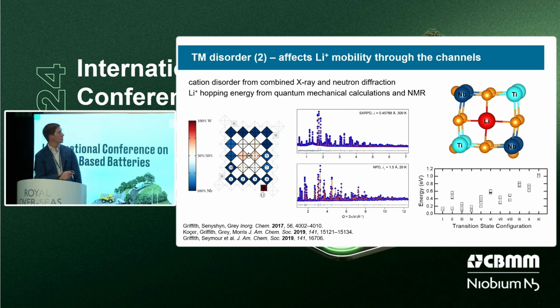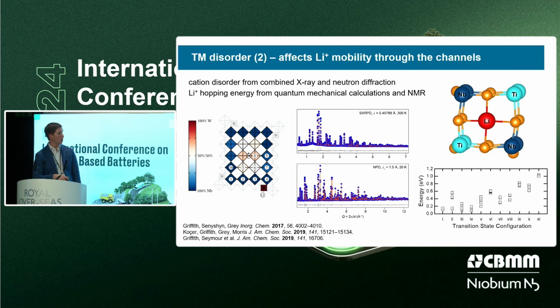As we think about the other implication of transition metal disorder, or lack thereof, it's going to give rise to a large number of pathways that might have higher or lower energy barriers for lithium hopping. So first of all, you need to try and characterize these. Where do your high valent cations sit? Where do your lower valent cations sit? We've looked at this extensively, through both computational and structural methods.